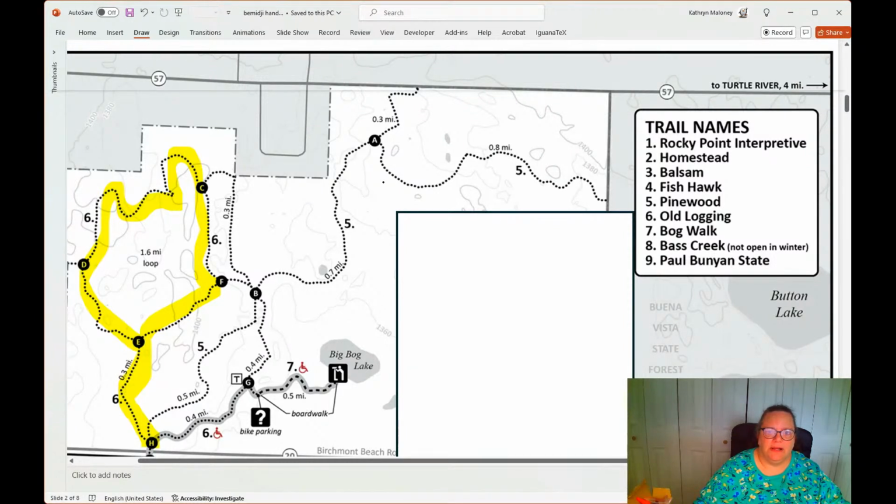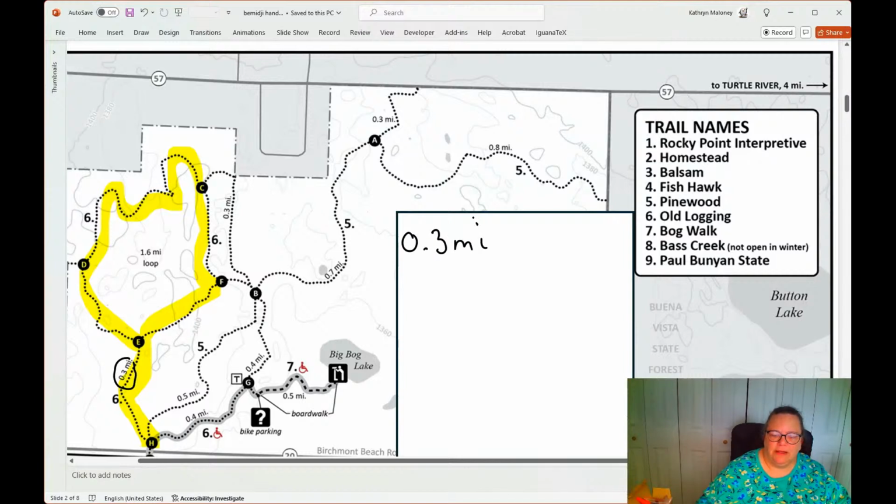Let me get my drawing here. All right. So first of all, we need to write down some numbers. I see that this is 0.3. So let's write that. 0.3 miles. Okay, and then it tells us this is 1.6 miles. So we're going to put that right underneath. Remember, we're going to be adding these because we want to know the total distance that we went.